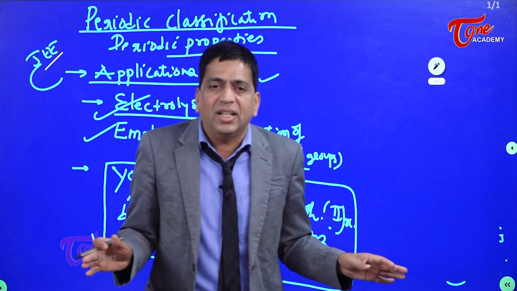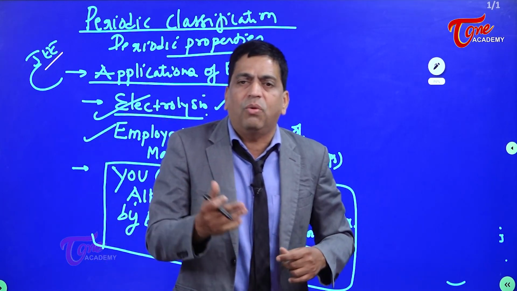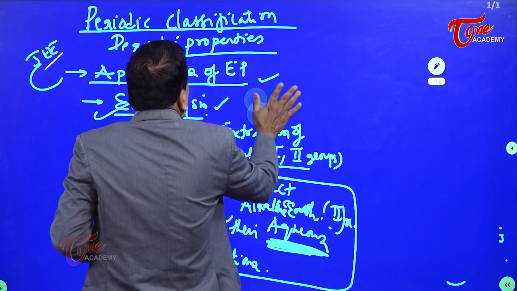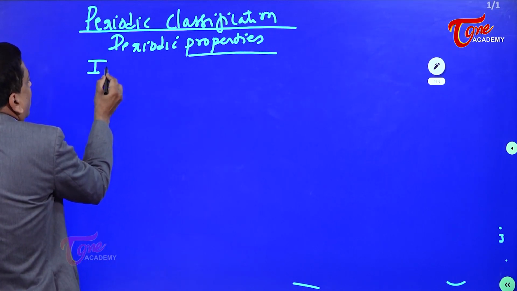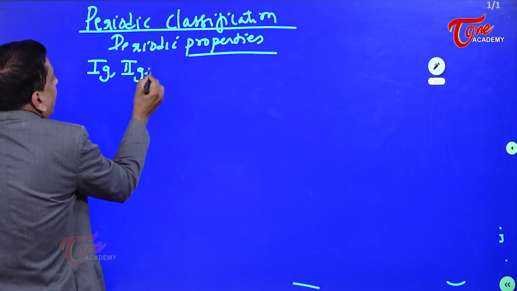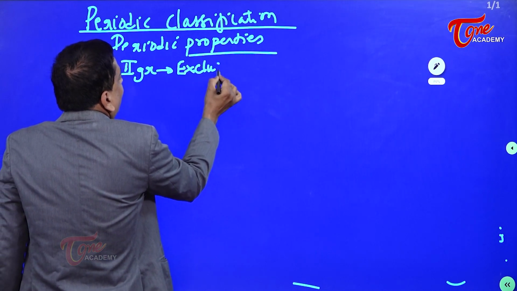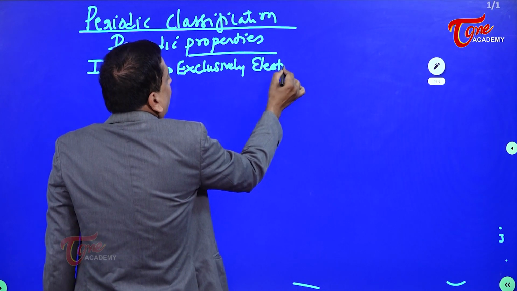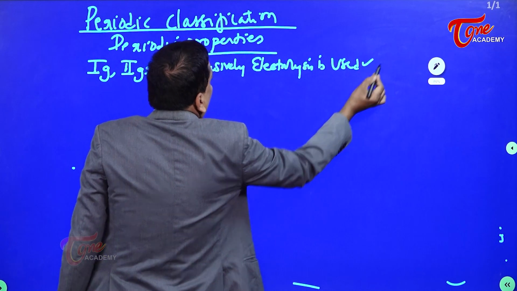Now, if you ask me why such a case, then I have an explanation which I would like to give you. Shall I? Observe carefully here. For the first group and even the second group, it's exclusively electrolysis which is used for extraction.